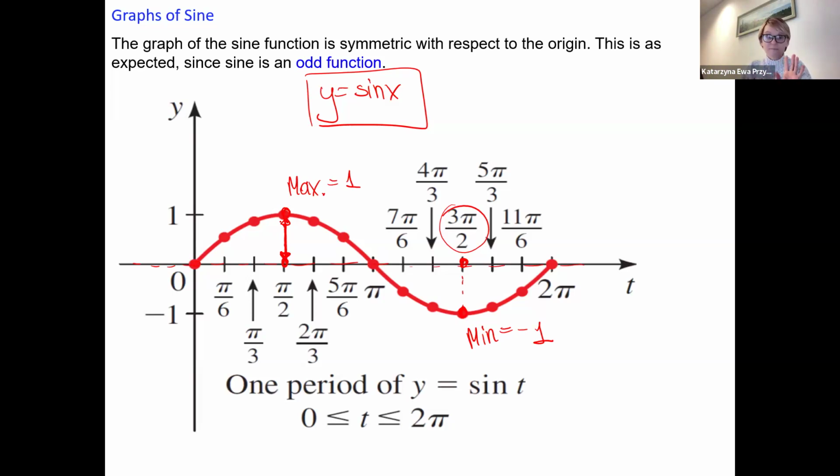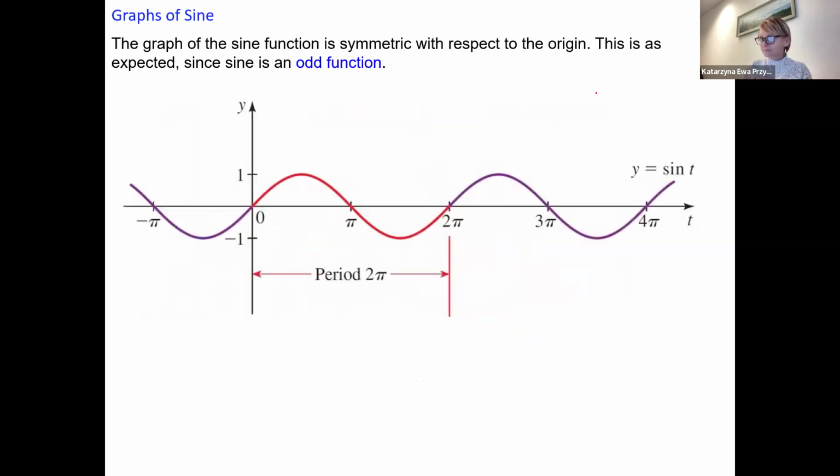It's always the same, because it's the amplitude. Now we can also think about horizontal shift and vertical shift, but that's in a minute. For the sine of x and cosine of x, the period is 2 pi. Okay, that's the sine function.